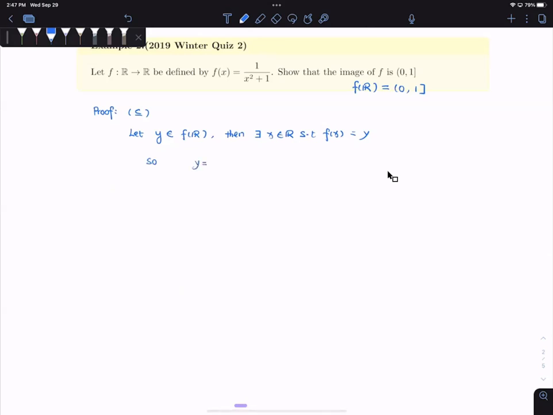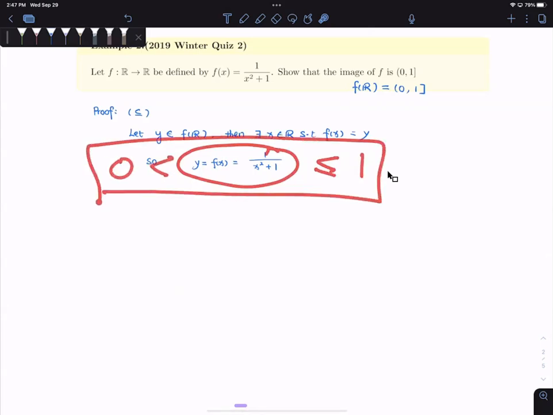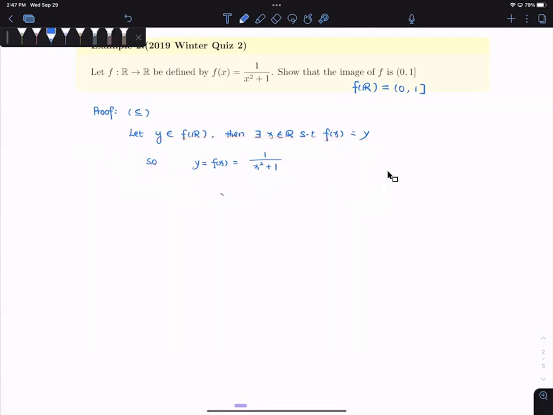So we have y equals f of x, which equals 1 over x squared plus 1. That's what I get from assumption. Now I want to show this whole thing is less than or equal to 1, and greater than 0. Once you show this inequality, then you're done. How do I show this? I'm going to start from x squared is greater than or equal to 0.